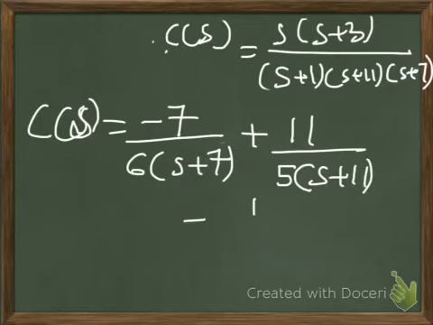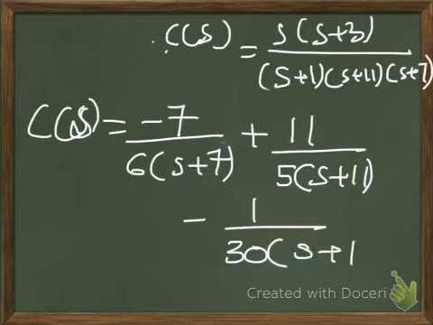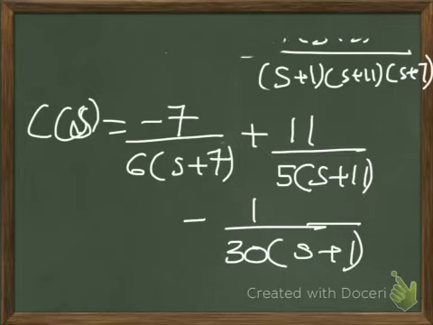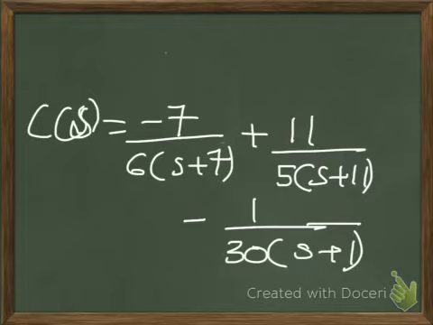I have used one of those websites and I have checked it manually also. It's very perfect. So now I have C of s in partial fractions as minus 7 by 6 into s plus 7, plus 11 by 5 into s plus 11, minus 1 by 30 into s plus 1. Now I can comfortably apply Laplace inverse on the right hand side.